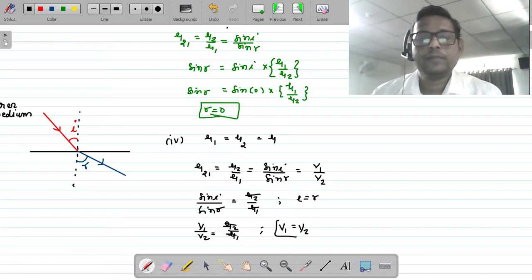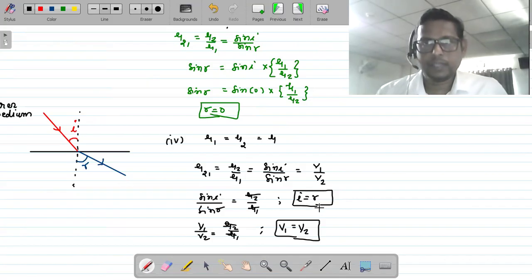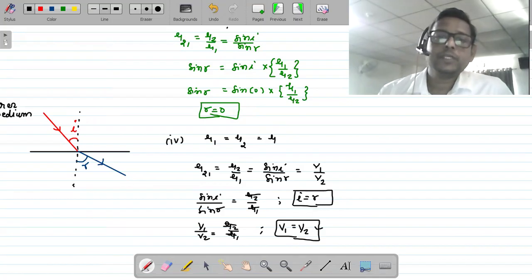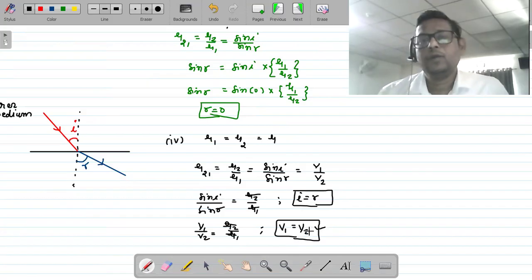So what is happening if the refractive index is the same? If the refractive index of both the mediums is the same, then there will be no refraction. So this is the case of no refraction because the value of I will be equal to r and there will be no change in speed. When I started this topic, I told you what the phenomenon of refraction of light is.